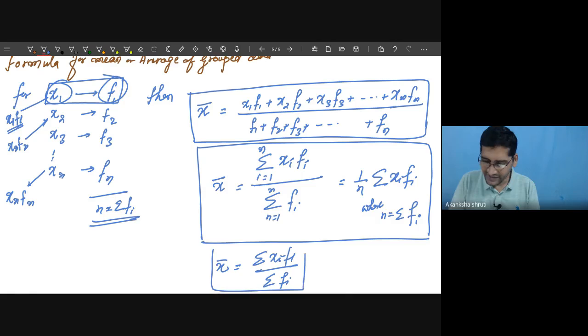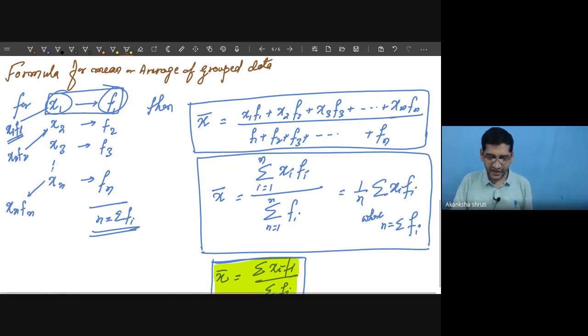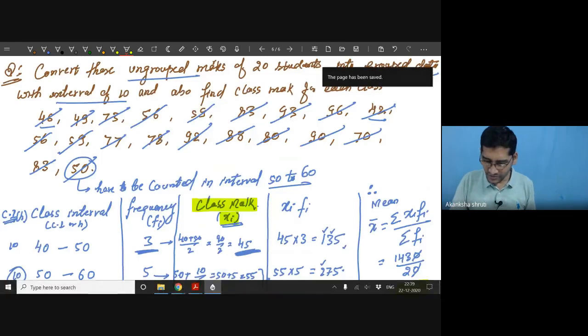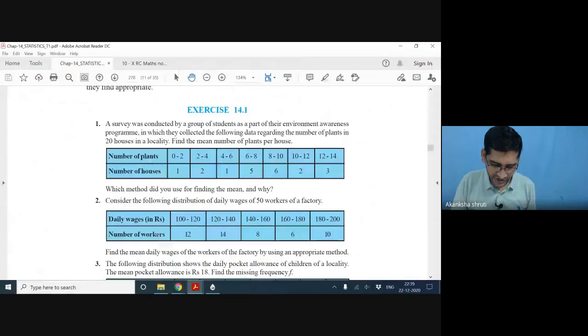Even we can leave the variation, and that doesn't make much difference. It is understood that i is varying from 1 to n. Okay, so these are the two formulas we have done, and how to solve them, that we have also done. Now let us stop the class, or let us take one question.